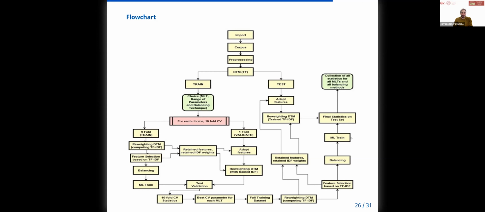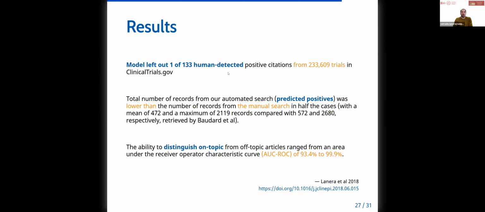And thanks to the work of Bodar et al., we have the right answer even for the test set. So we can evaluate the performance of our algorithm and see how well our system works. And what we found is that we left out a single record out of all of those found by Bodar et al. from all of clinicaltrials.gov.